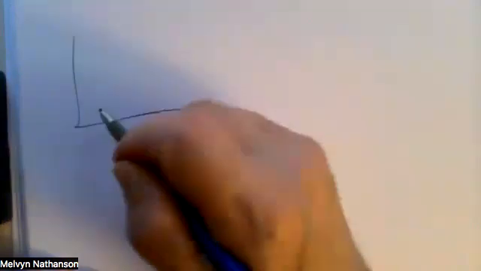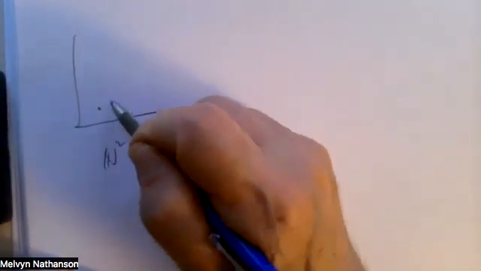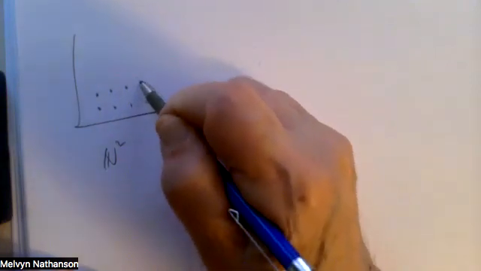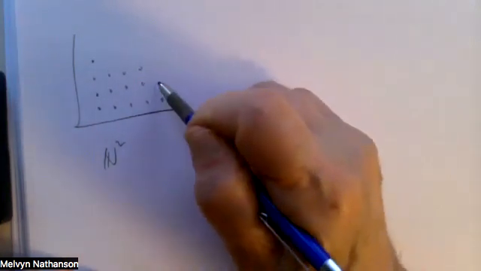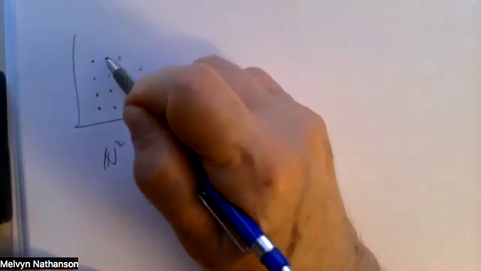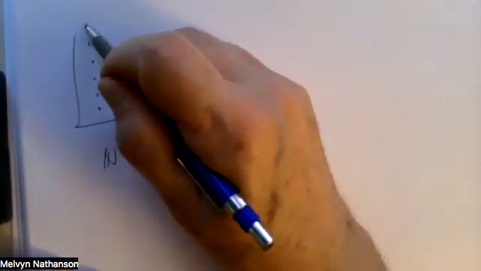So let's say here I'm going to have n squared. So it's just the positive lattice points, not the points on the x and y axes, but just these points. And so on, they go on forever.